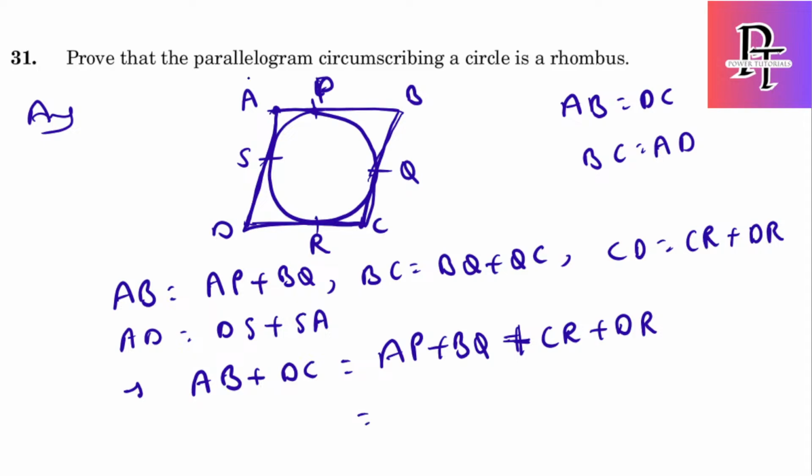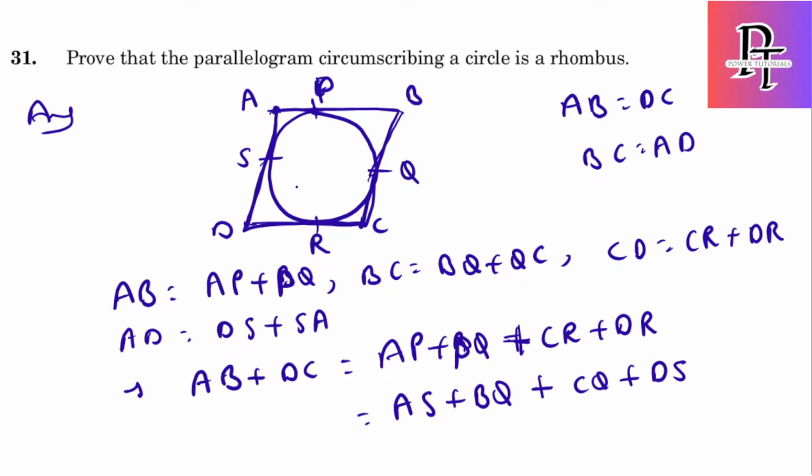I told you AP is nothing but AS. Wait a minute, AB is equal to AP plus PB. PB I can write as BQ as per the circle's tangent property. CR is equal to CQ and DR is equal to DS.